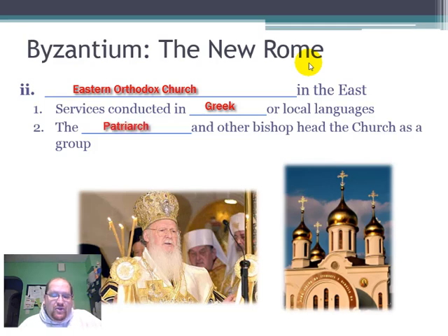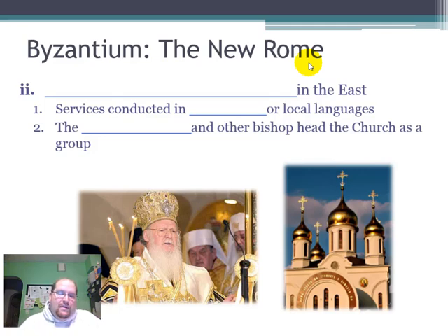The Patriarch and other bishops head the church as a group. So it's not just one person in charge of the whole church like the Pope. It's the Patriarch, or the father of the church, and the congregation together, not just one sole person being in charge. And the priests may be married if they choose.